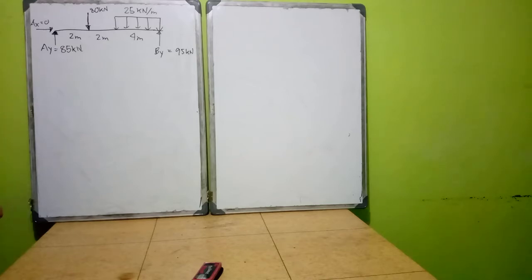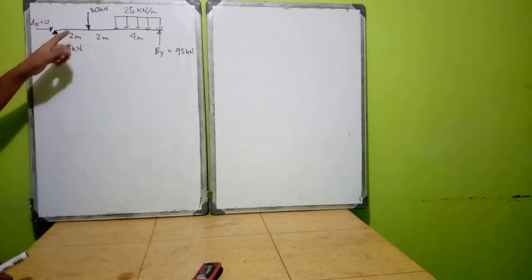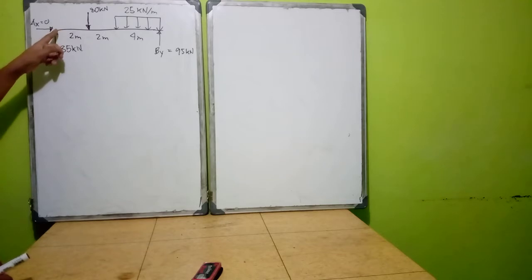Unlike the first method that I taught you, this method is flexible, in which you can actually compute the shear at any given length, or at any given point inside the beam, whether or not it is located at the point of reaction.